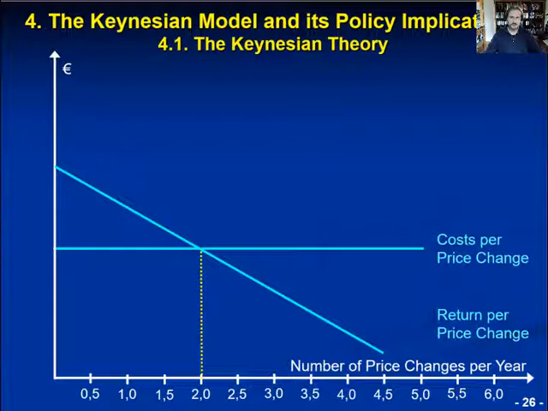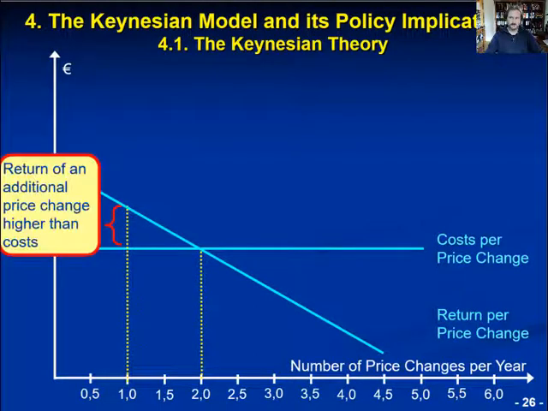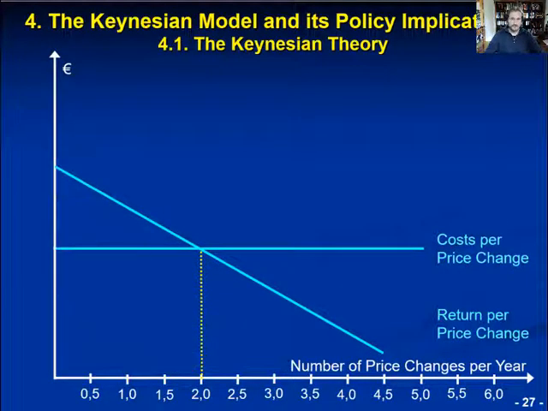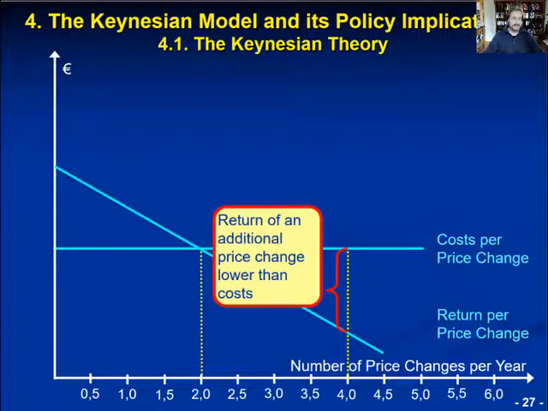If we would instead choose only, let's say, 1 price change per year, the return of a price change would be higher than the costs, such that more often price changes would be profitable. If you would instead, for example, choose 4 price changes per year, the return of a price change would now be smaller than the costs, such that less often price changes would then be profitable.